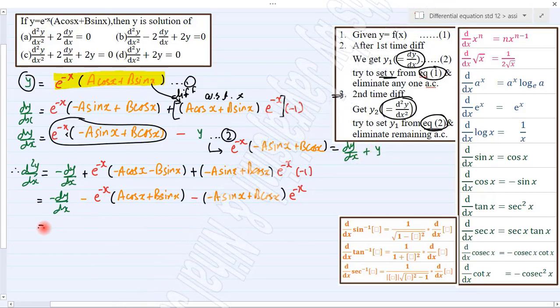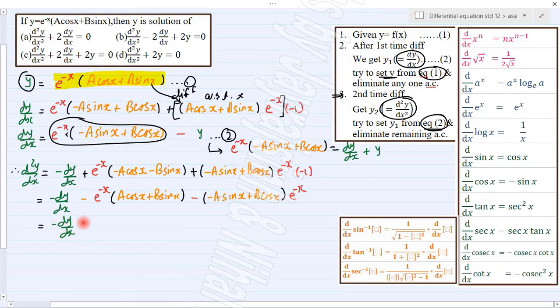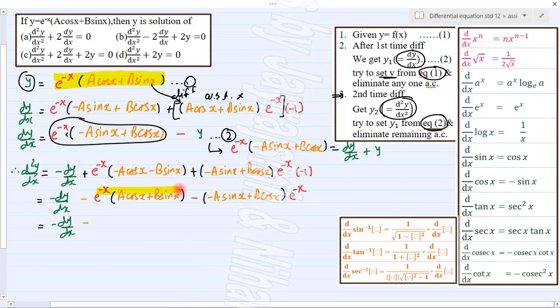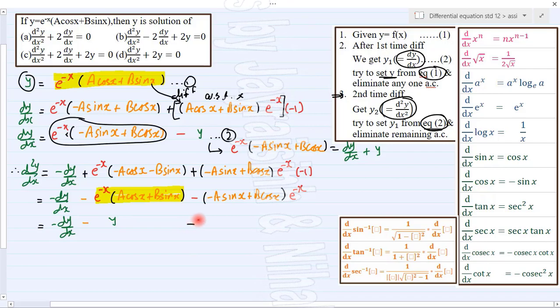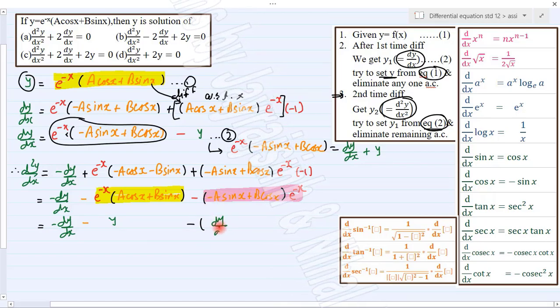So let's simplify. Your minus dy by dx will be as it is, minus this e raised to minus x, a cos x plus b sin x is simply y from equation number 1. And from the second equation, we can say minus a sin x plus b cos x into e raised to minus x is simply dy by dx plus y.